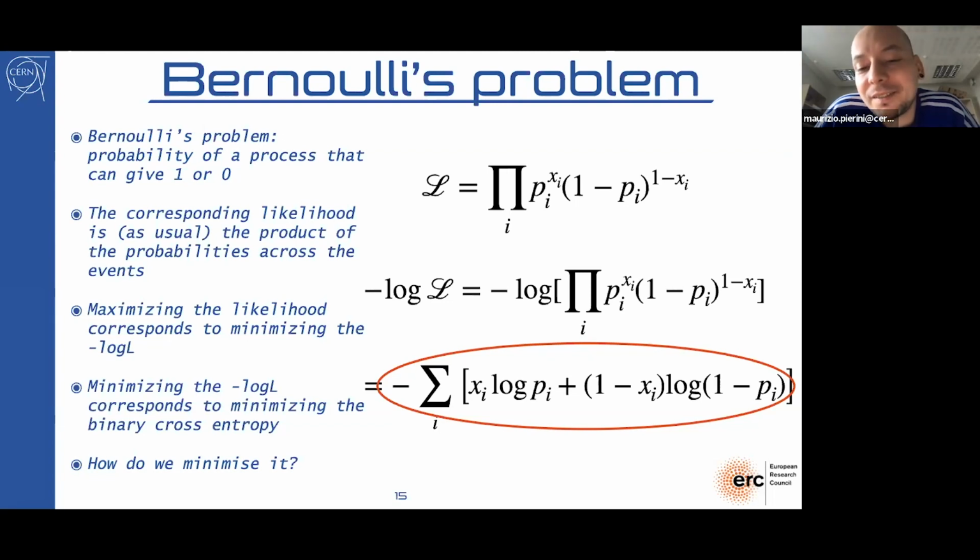What you're doing is running a maximum likelihood fit on basically a binomial likelihood. So it's not like these loss functions come from nowhere. They come from a very well understood and classic physics statistics problem.